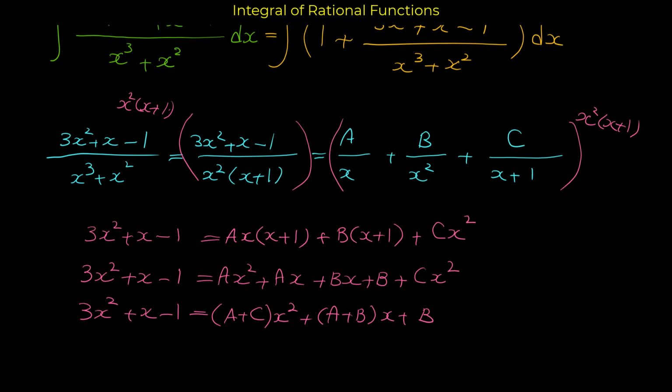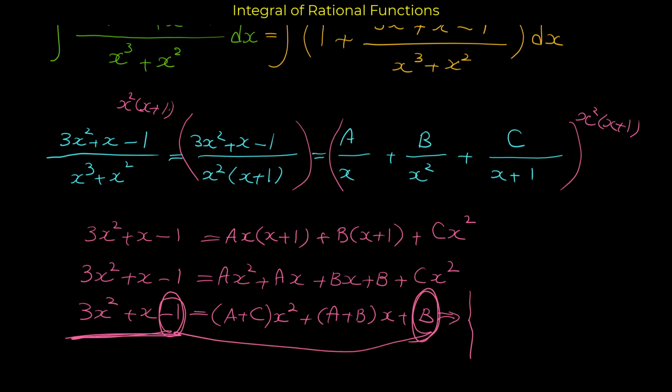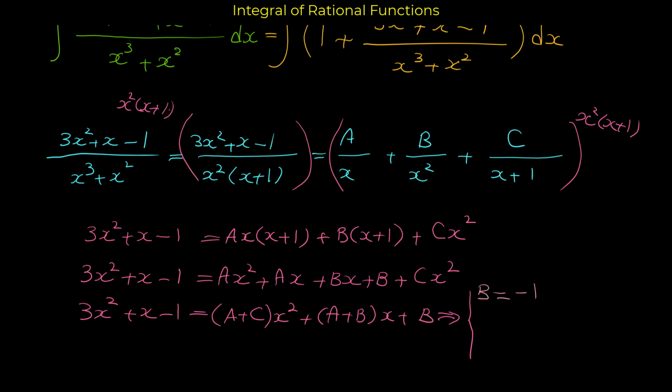Now compare the left side with the right side. By comparing, let's first compare the constant with the constant. What is the constant term in the left side? −1. What is the constant term in the right side? B. So B is −1. Now let's compare the coefficient of x with the coefficient of x.